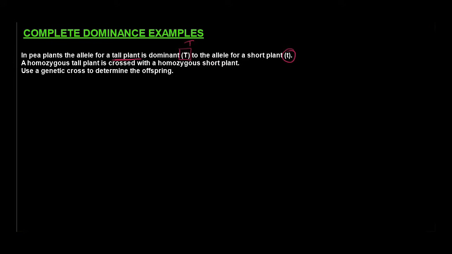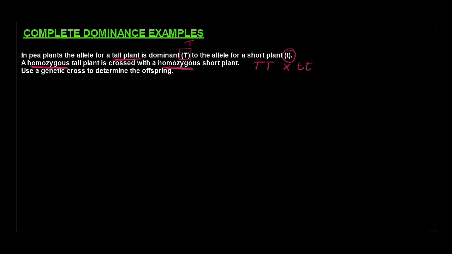A homozygous tall plant is crossed with a homozygous short plant. Now this is very important because this is going to tell you how you're going to start your cross out. So if something is homozygous tall, once again it's going to look like that, crossing with a homozygous short, it will look like that. Use a genetic cross to determine the offspring.